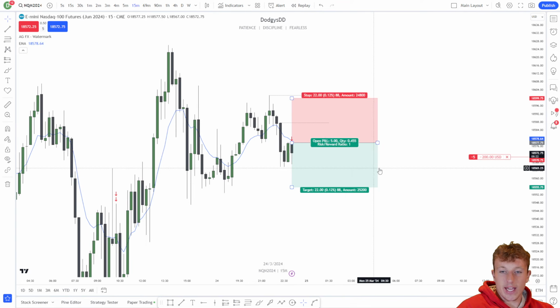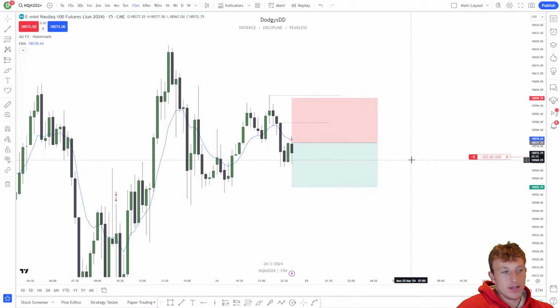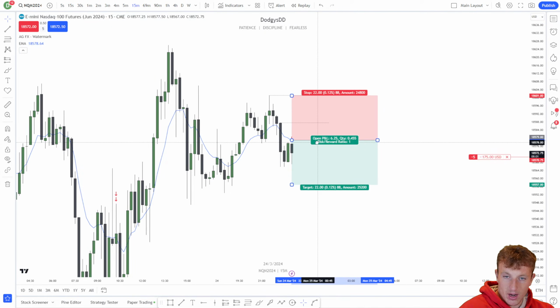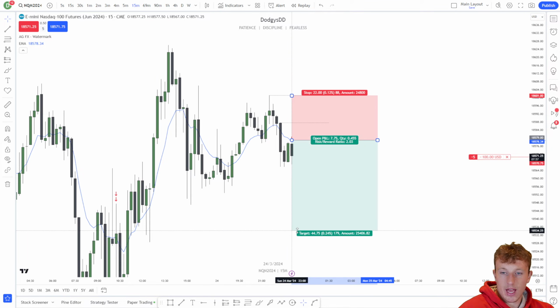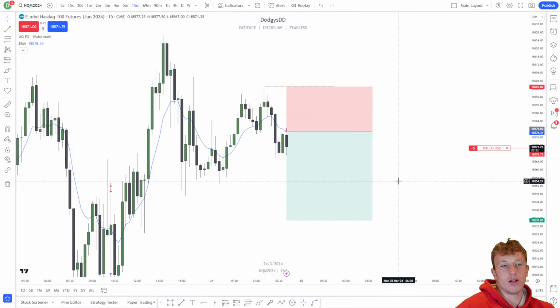Because if you truly have an edge in this market, and by edge, I mean not buying off EMAs, because that's not an edge, that's just gambling, then you can very easily catch 2R trades. You just need to win them more than 34% of the time. And 2R trades are very, very attainable at least 50% of the time. You could have a 50% win rate for a 2R trade and be profitable.